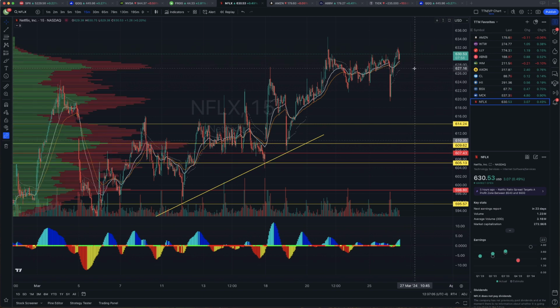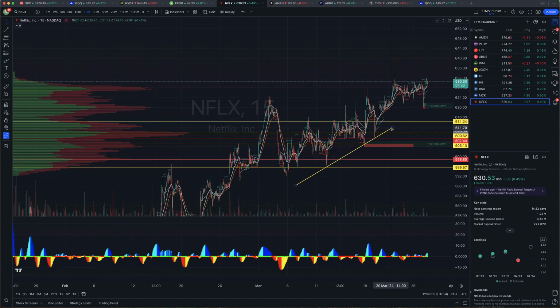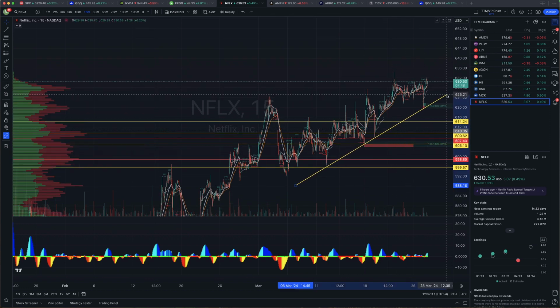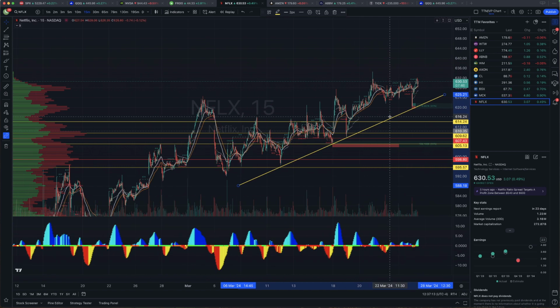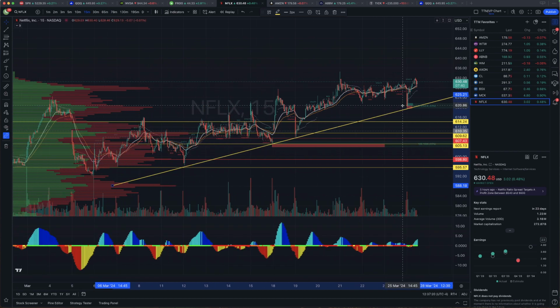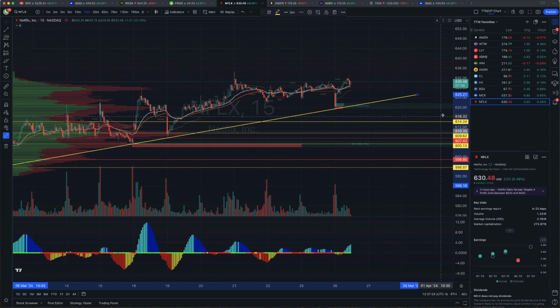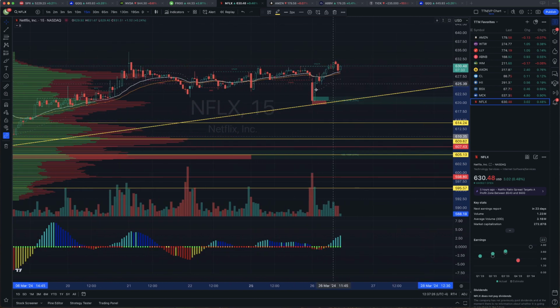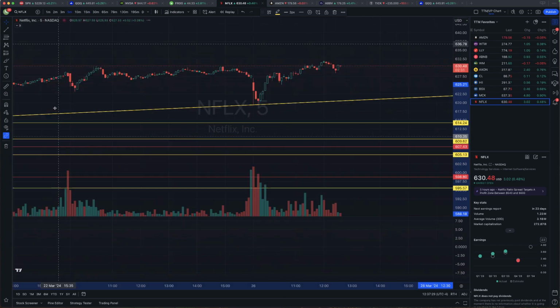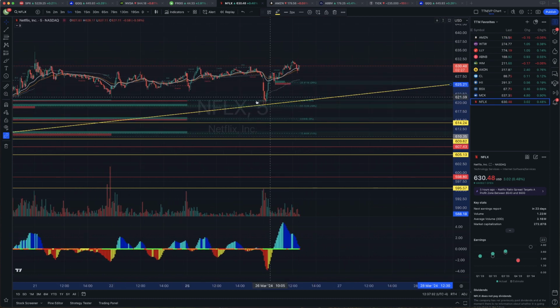And then Netflix is also just raring to go. Look at this trend line here. God, I'd love a pickup off of that trend line on a morning dip. That trend line I had was in there, but it wasn't extended up into this area.